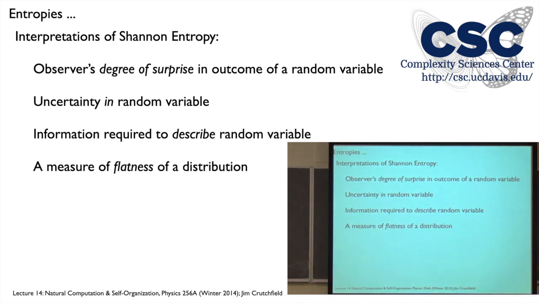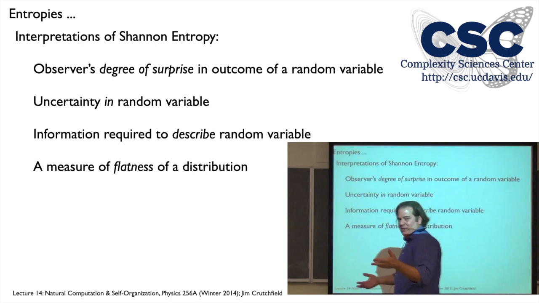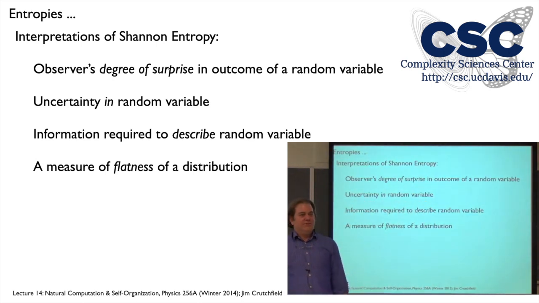And it also has this nice convex property. And those two properties together are going to give us a lot of leverage in analyzing structure in probability distributions. So maybe in different applications, one or other of these vocabularies is more useful, but mathematically, it's just flatness of a distribution. No great mystery, actually.